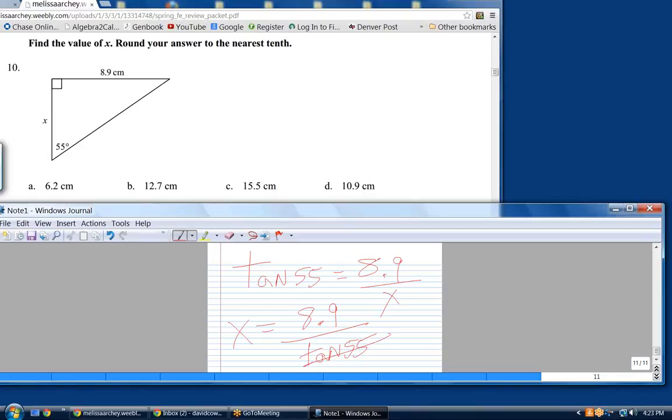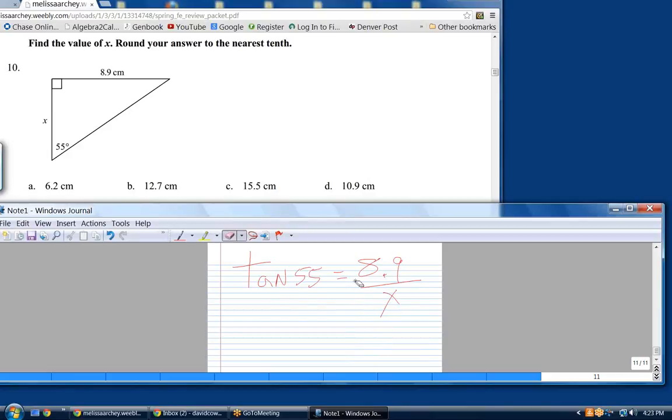Then you can do on your calculator 8.9 divided by 1 point whatever. When you try to do all of this on your calculator at one time, it's too easy to make a mistake. If you don't get your parentheses right, you're going to get it wrong. There's lots of things you can do wrong. So do it in pieces.